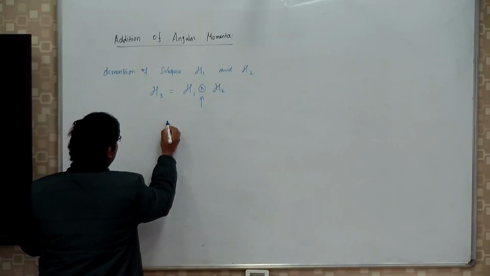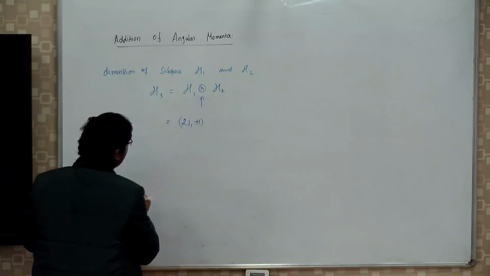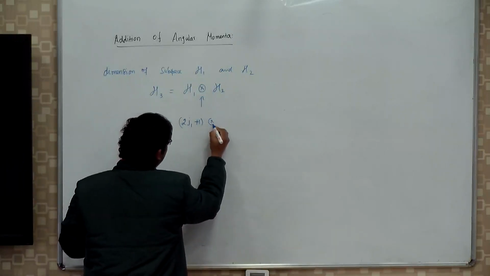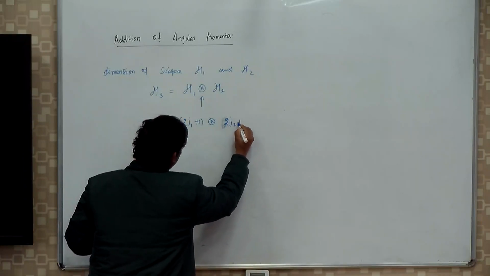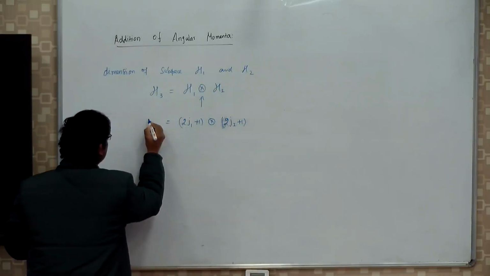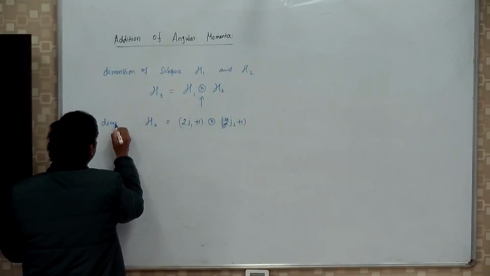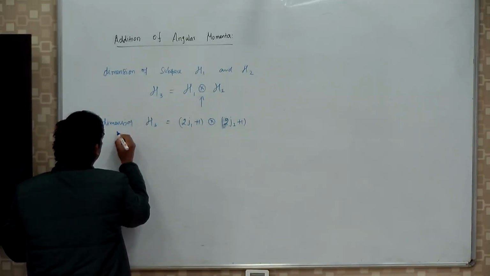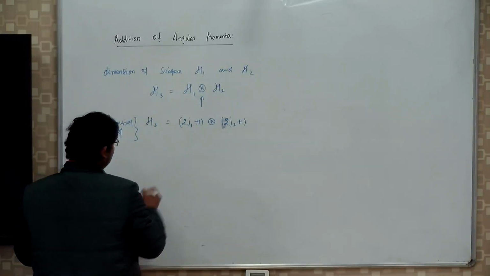So it is 2J1 plus 1 for H1, multiplied by 2J2 plus 1 for H2, which gives the dimension of H3.